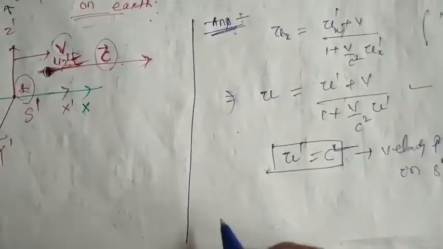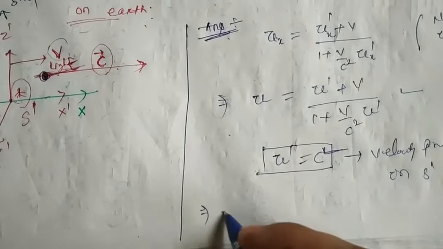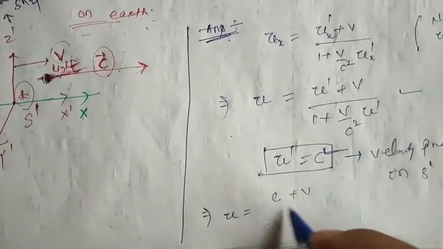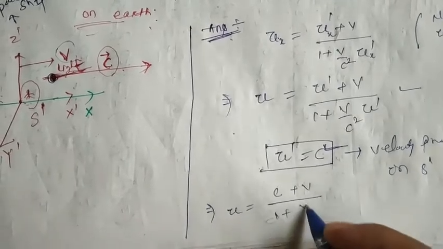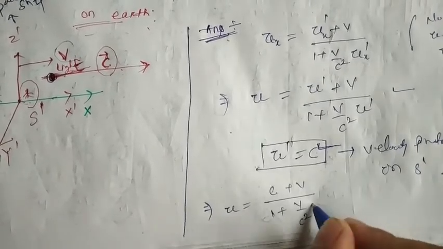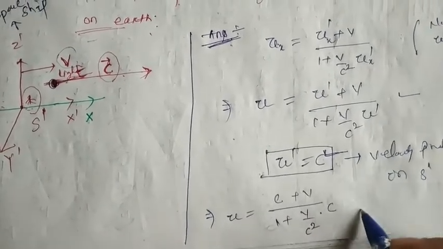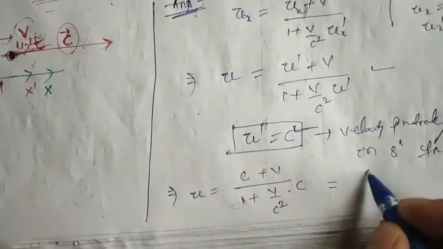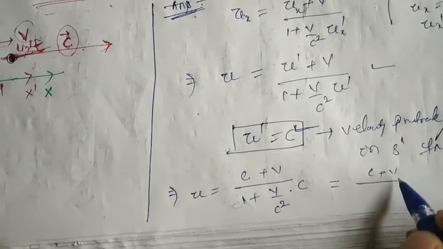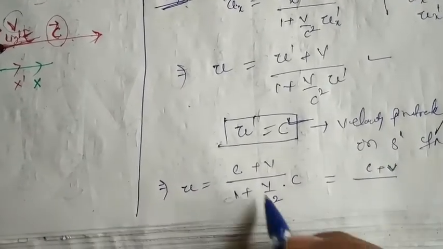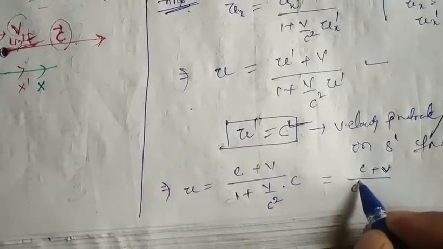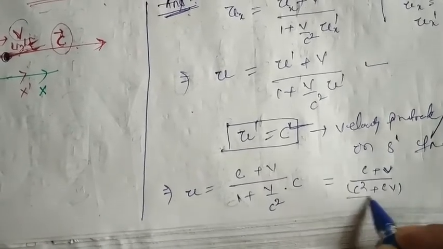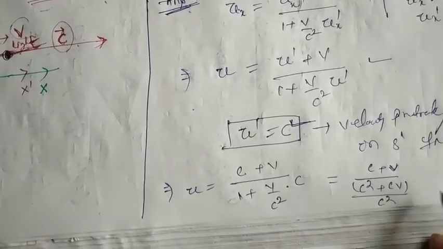Here what are we going to get? u equals c plus v by 1 plus v by c square into c. How much can we get? The numerator is c plus v, and in the denominator, c square plus cv by c square.